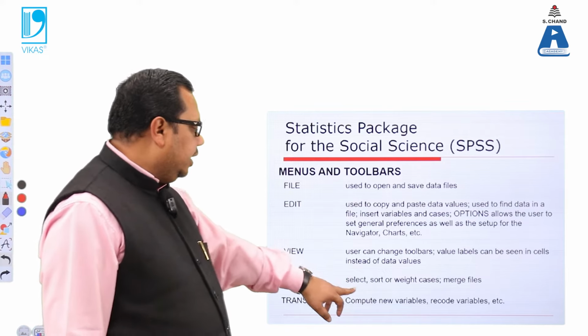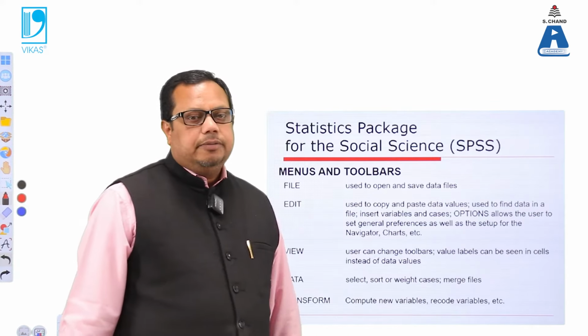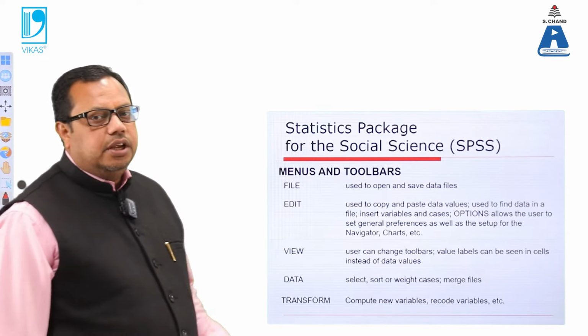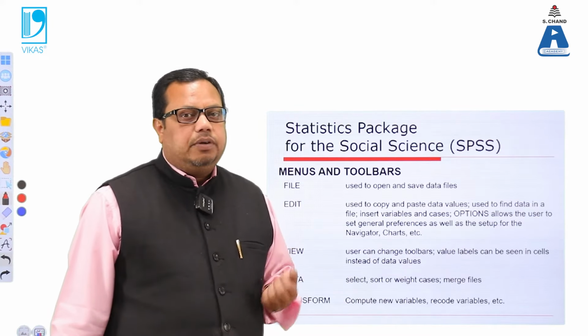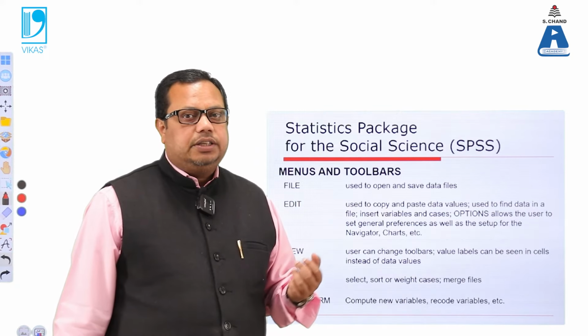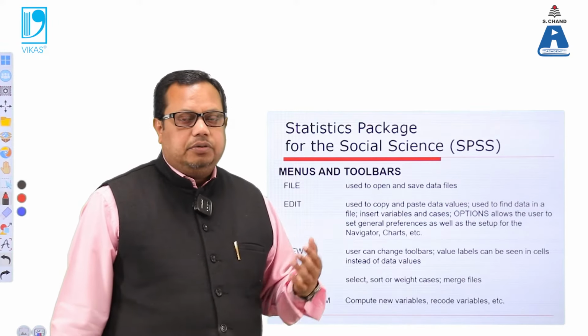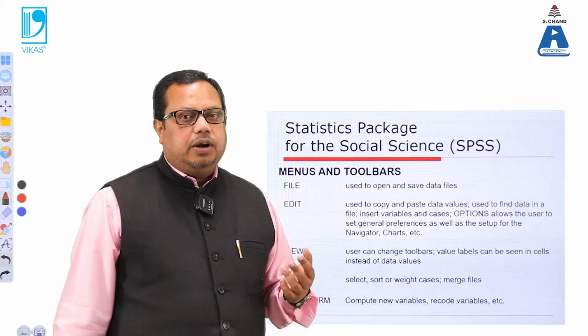So we have selecting the data, sorting the data, weight casing the data, merging the files. In the option merging the files, we can merge multiple files into one file. It means that all the information will be given in that one file.